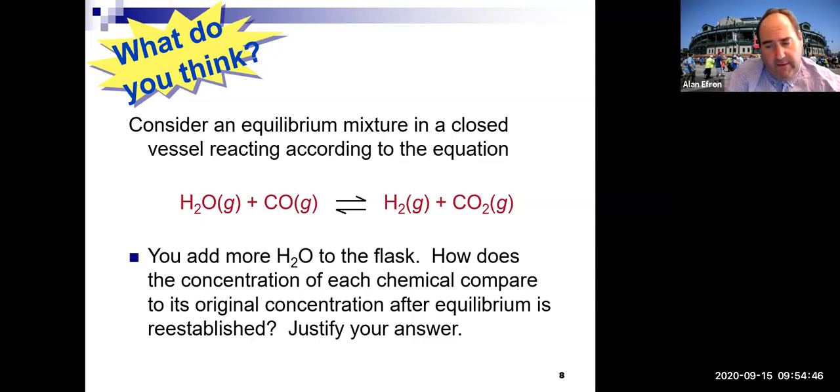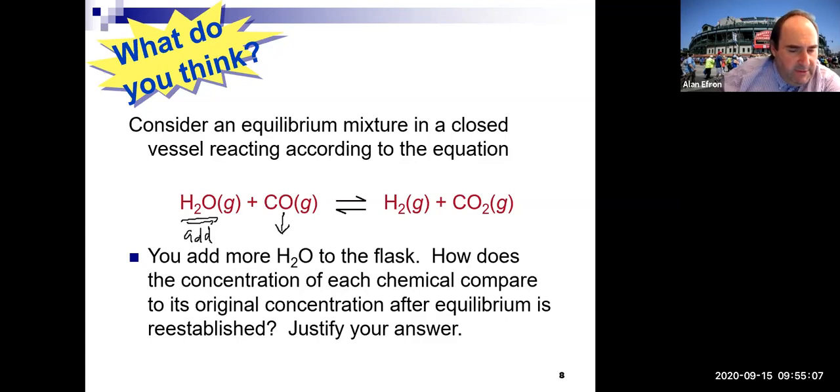So for example, let's start with the CO. If we added some water, which is this guy, the concentration of CO we would expect to go down.